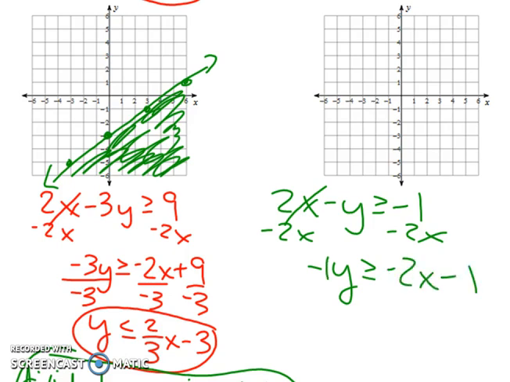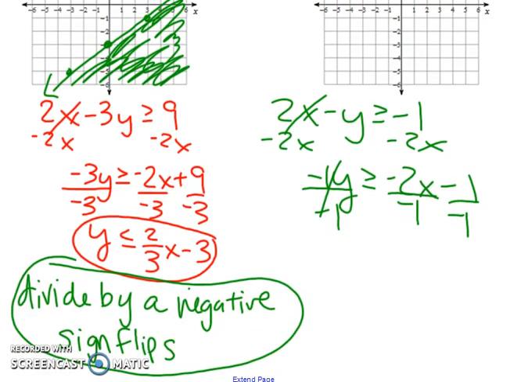There's an imaginary 1 right here, so you're going to divide by a negative 1. So since I divided by a negative, go ahead and flip your sign. So flip it immediately. So you'd have y, negative 2 divided by negative 1 is a positive 2. And then negative 1 divided by a negative 1 is a positive 1.